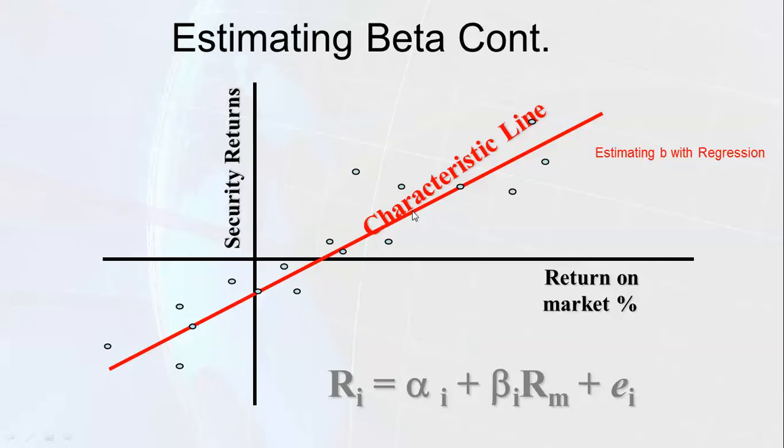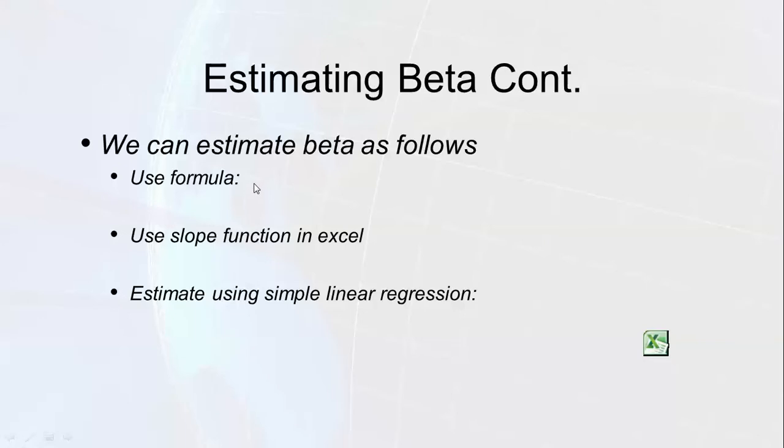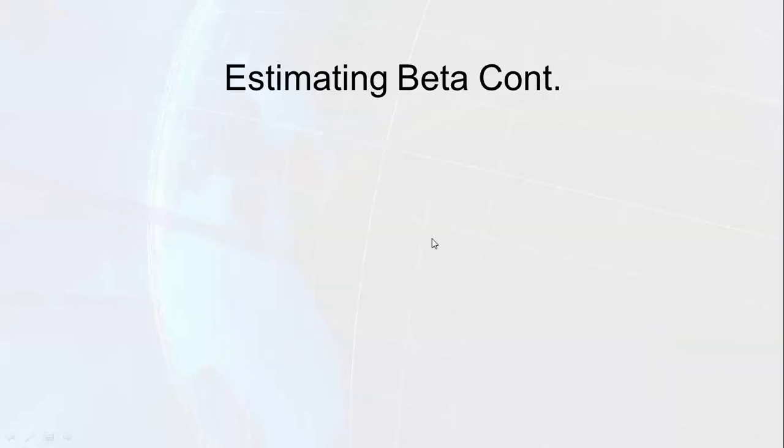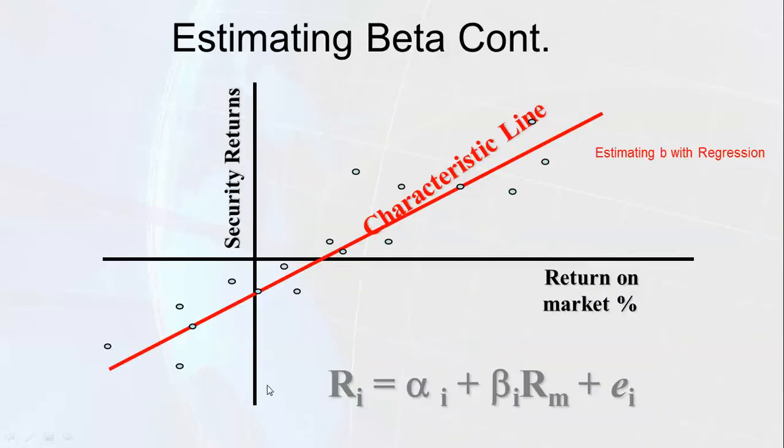Basically beta is the slope of this regression line. We can use a formula to estimate beta, we can use the Excel SLOPE function, and we can estimate beta using linear regression. Okay, so let's go back and look at the CAPM equation.